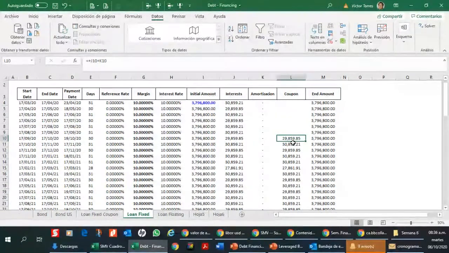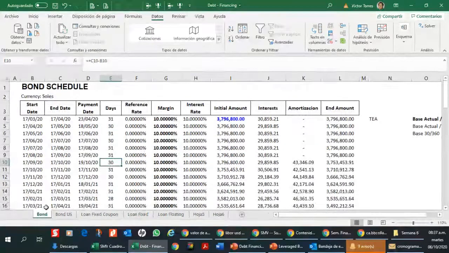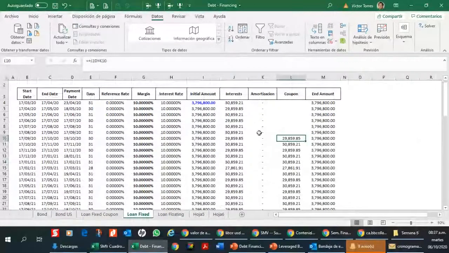The duration means the average life of the bond or the loan, or better said, the sensitivity that you are going to have to a change in interest rates regarding your investment in particular.